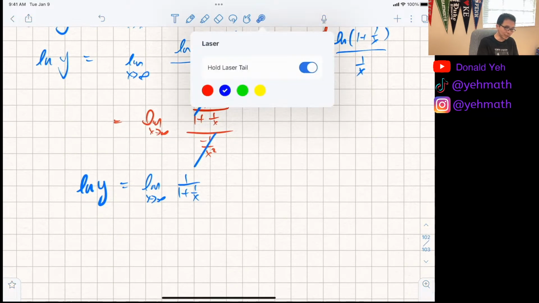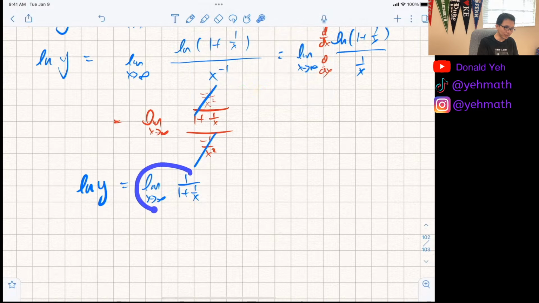What happens if this part reaches infinity? Does anybody know? What happens when it reaches infinity? It's just 0. Now it's 1 over 1 plus 0, right?